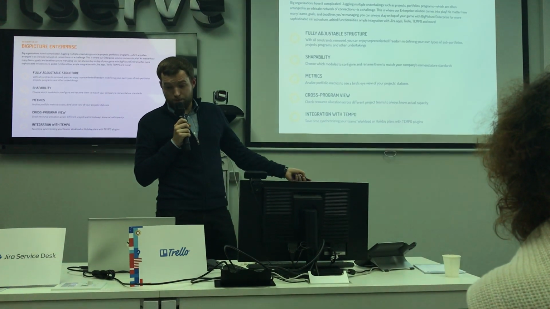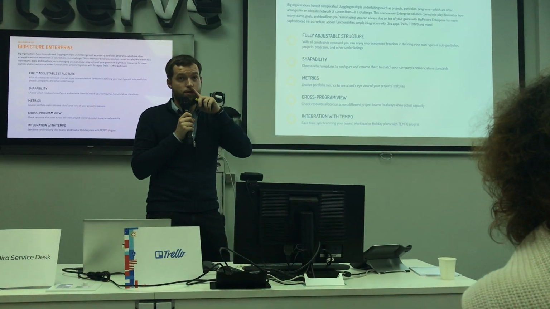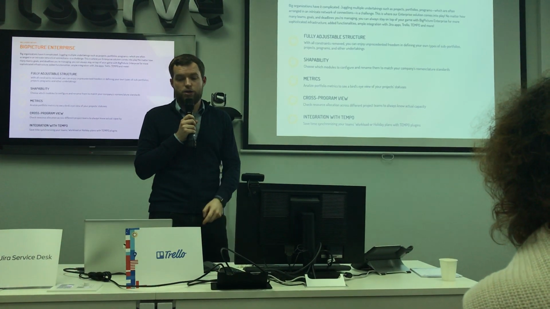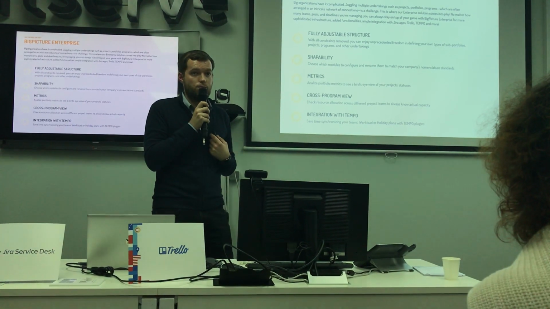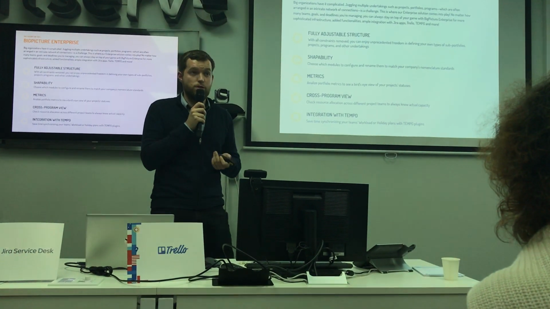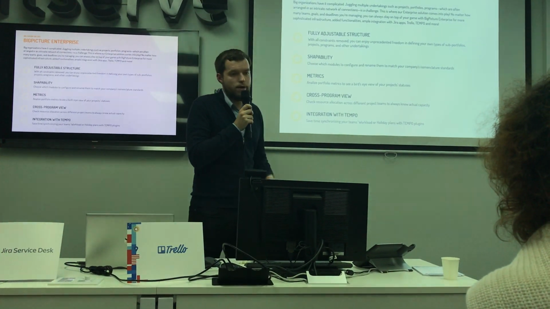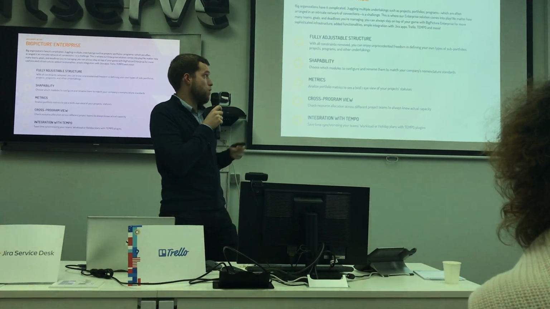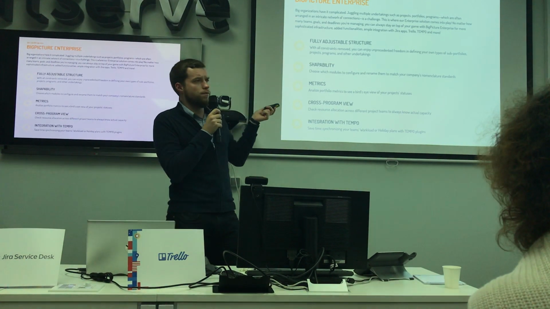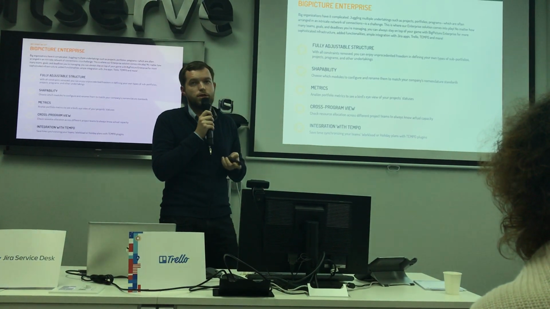And metrics are also included in enterprise only, and the cross-program view, which is most important, I believe, for huge companies to manage, is unfortunately only in the enterprise version. However, you can, I believe, use it for free just to test and see how it works.